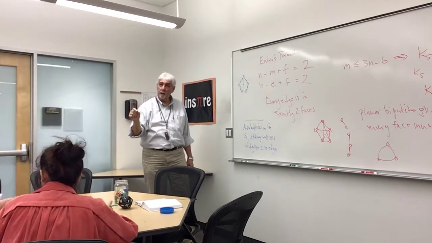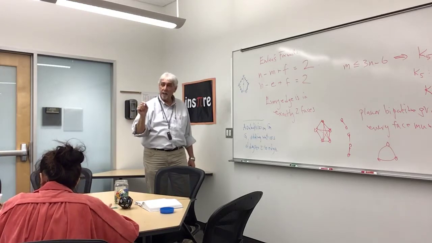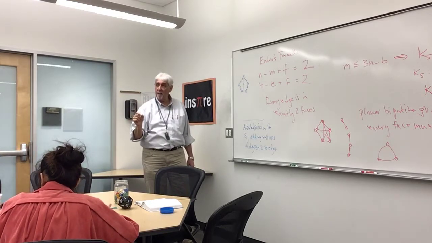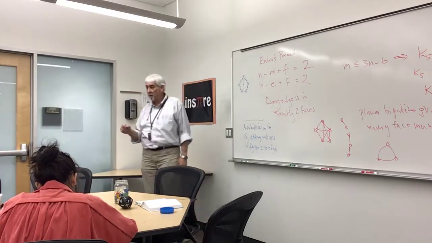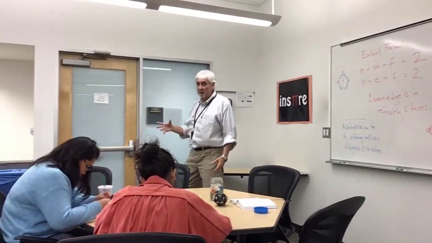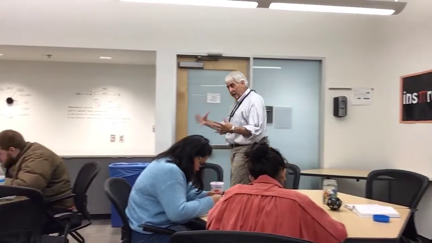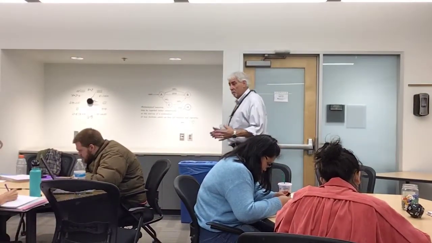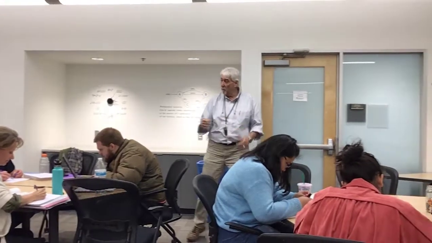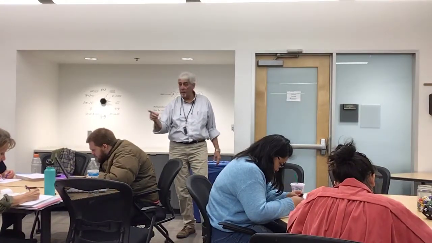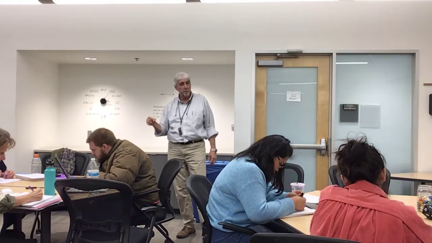The formula works, but that doesn't imply that it's planar. This is only necessary for it to be planar. I'm sorry to disappoint you. I'm not saying whether it is or isn't, but that's certainly necessary.